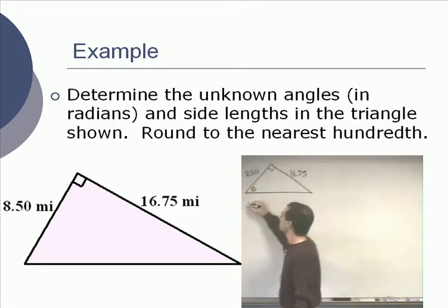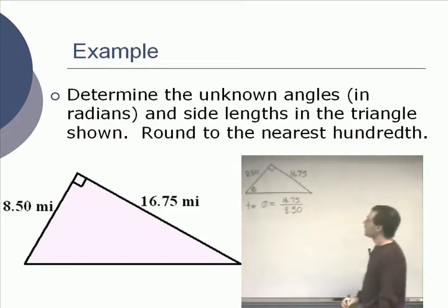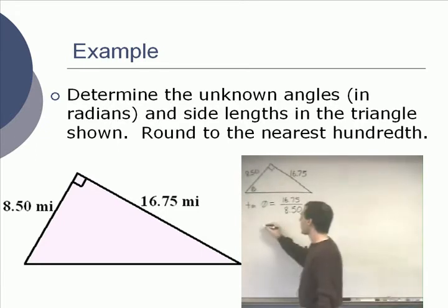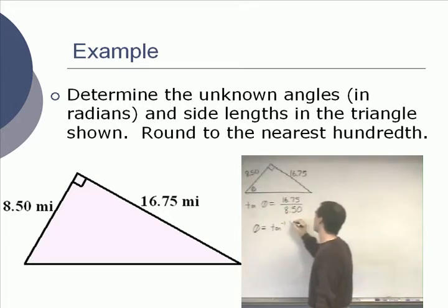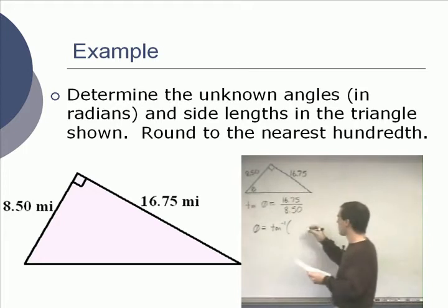So we know that the tangent of theta is equal to opposite of 16.75 divided by an adjacent of 8.50. We would apply the inverse tangent to both sides. On the left side it cancels off, and so we're left with theta being equal to the inverse tangent of 16.75 divided by 8.50, which is 1.9706.